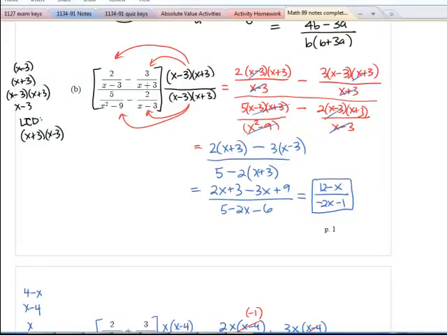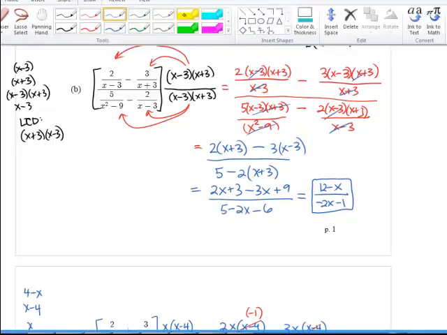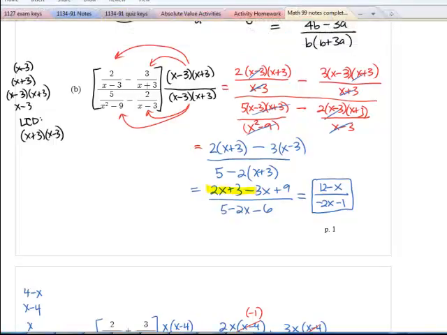There is a mistake here in the video in section 7.7, the first problem, part B. Let's see, I'll show you where it was if you didn't catch it. Right here in the previous line, I forgot to distribute the 2.